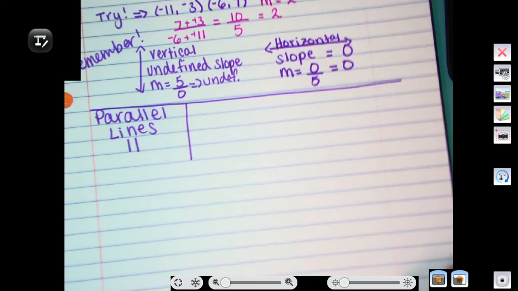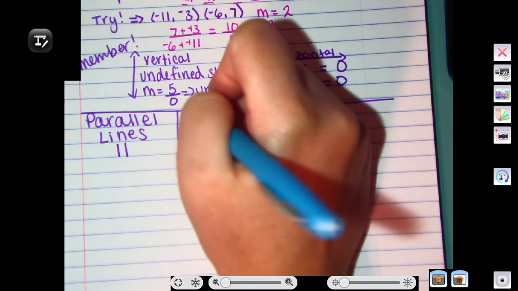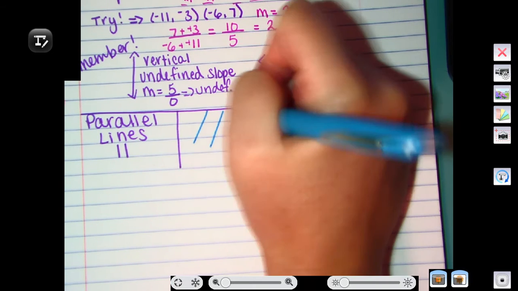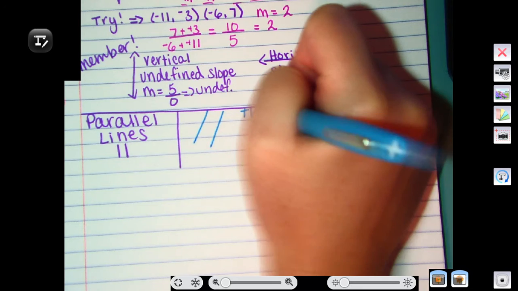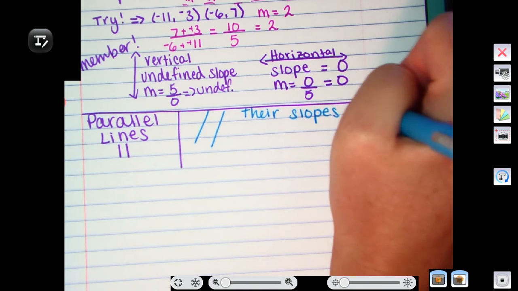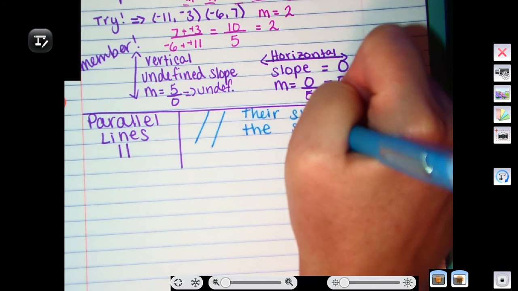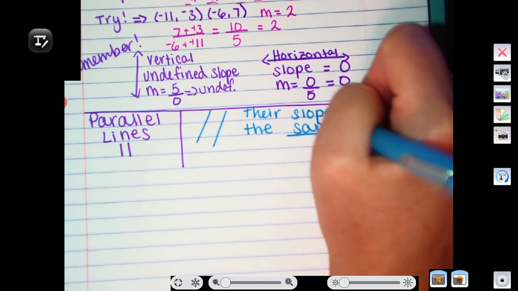So your job is to know that their slopes are the same. So parallel lines have the same slopes. So if I have these 2 lines, their slopes are the same. That is the new content for you.